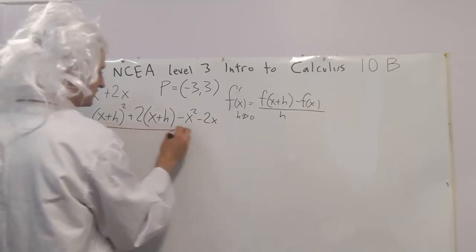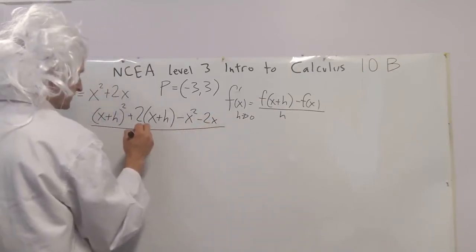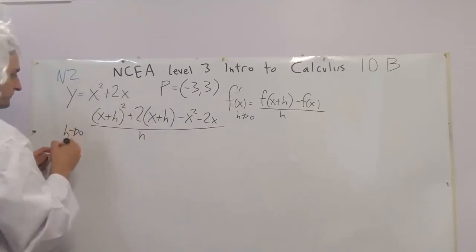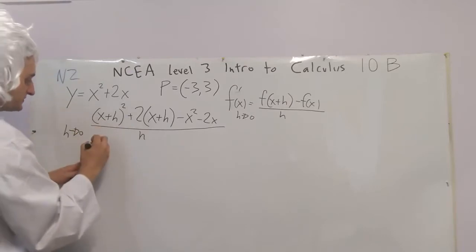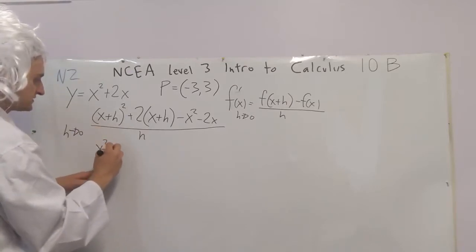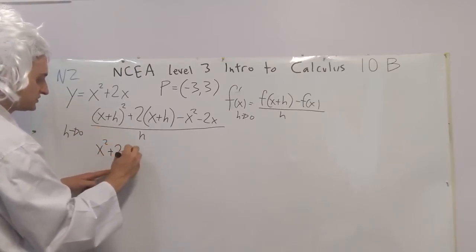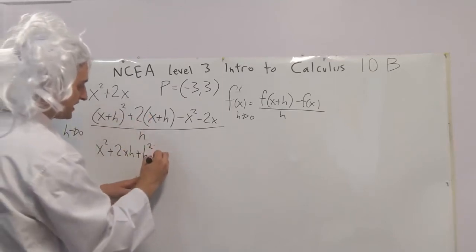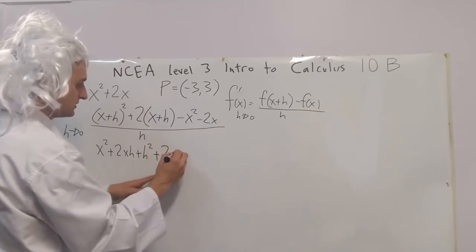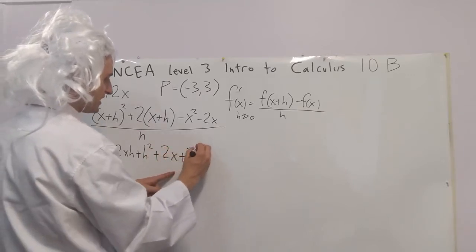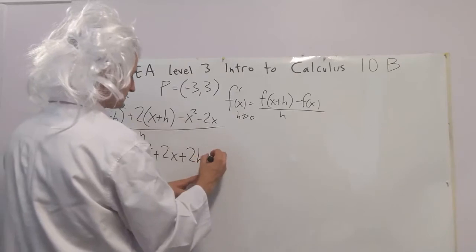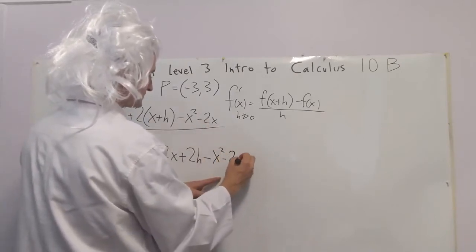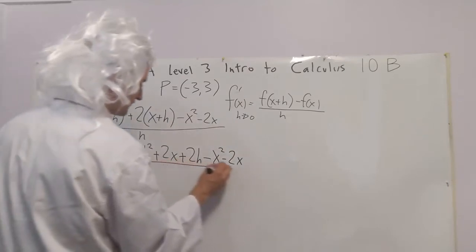And we have to divide all of that by h as h approaches 0. This becomes x squared plus 2xh plus h squared plus 2x plus 2h minus x squared minus 2x, all over h.